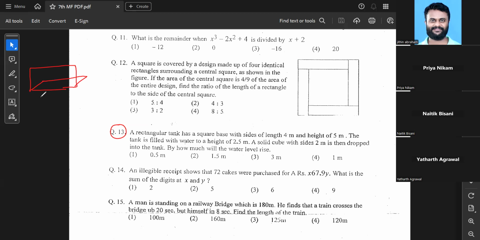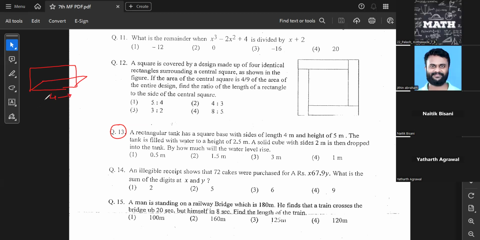So this is a square. And when I see the vertical wall, the length of the vertical wall is 4. That's what they have said. And the height is 5. Now, since they have mentioned that it has a square base, if this is 4, this will also be 4. Simple logic. So now for the whole rectangular block, I know all the dimensions.